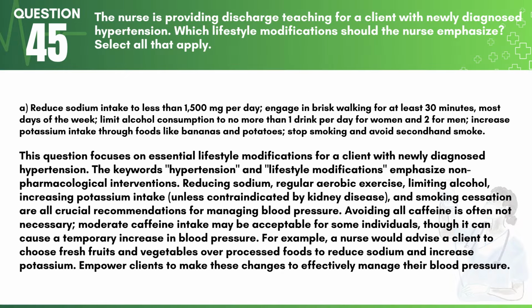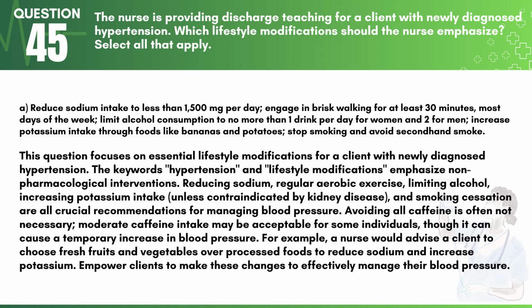Answer. Reduce sodium intake to less than 1,500 mg per day, engage in brisk walking for at least 30 minutes, most days of the week, limit alcohol consumption to no more than 1 drink per day for women and 2 for men, increase potassium intake through foods like bananas and potatoes, stop smoking and avoid secondhand smoke.